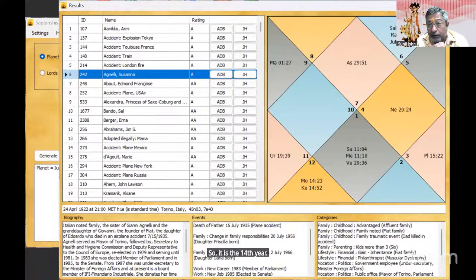So it is the 14th year. Why I feel, what I have always spoken about retrogression: Jupiter is retrograde, with Saturn also. So retrogression always gives the event plus minus. It changes the timing. Sometimes we have observed it so many times.